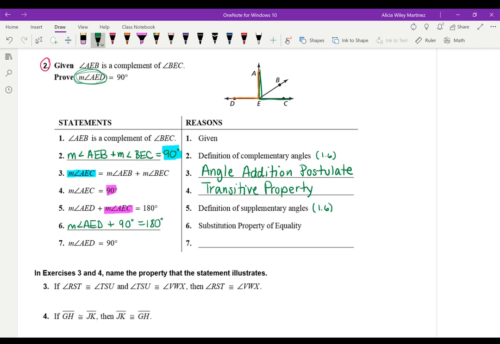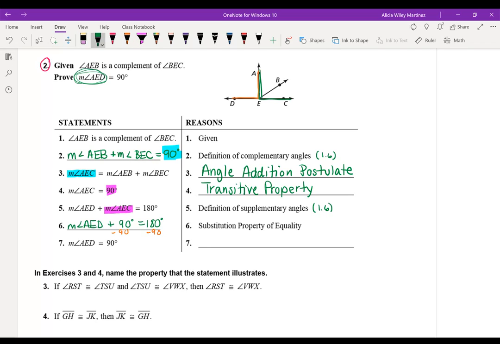degrees. Now, if I want to get AED by itself in step 7, I would just subtract 90 on both sides. That'll allow that 90 degrees to cancel out, leaving me with 90 on the right-hand side.